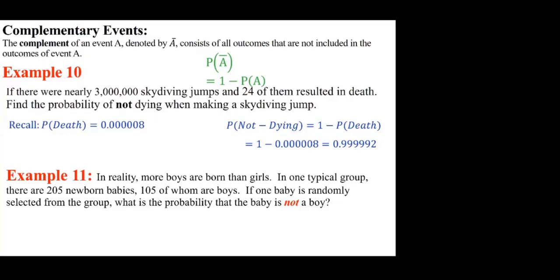So what we are looking at, the idea of a complementary event, probability of not a boy, B complement, B not, 1 minus the probability of boys, that becomes the probability of girls. 100 over 205, or you can say 205 minus 105 over 205. However you want to put that, you can simplify the fraction. If you simplify the fraction, divide by 5, 20 over 41, or you can put it into a decimal format.